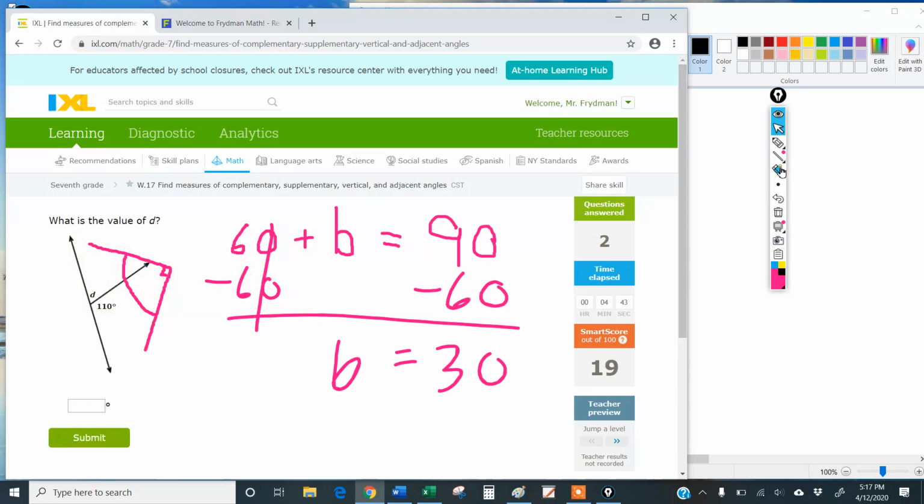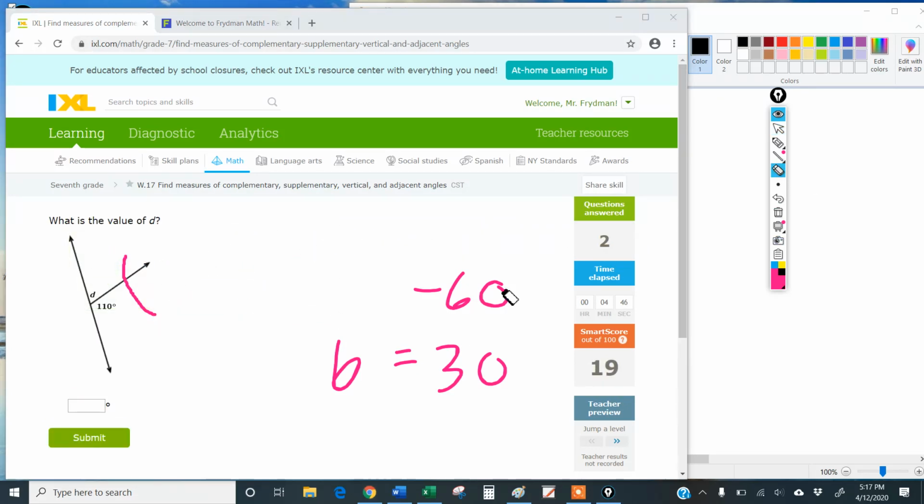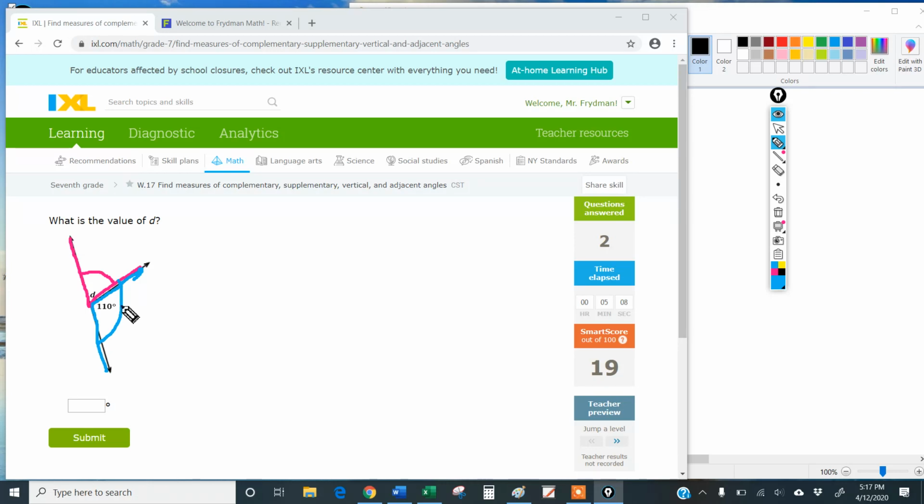All right, moving right along. What is the value of angle D, which is this angle right over here, made from this line and this line? Well, we can see that angle D and this other angle over here, which is 110 degrees, are adjacent angles. They're next to each other, meaning they share a common side and a common vertex.